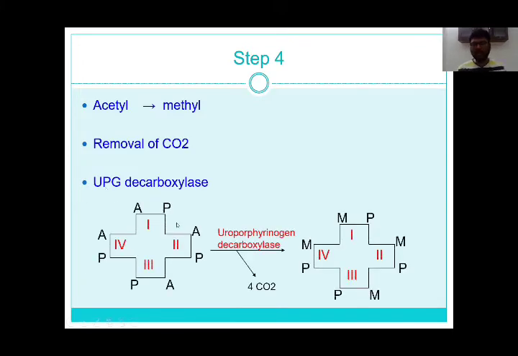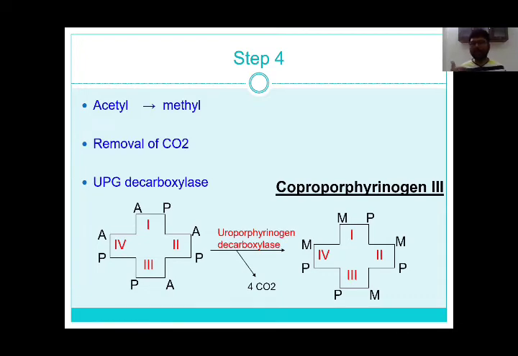All the acetic acid groups will be converted to methyl groups by uroporphyrinogen decarboxylase. Once the acetic acid groups are converted to methyl groups, the resulting structure we call coproporphyrinogen 3. Uroporphyrinogen is converted to coproporphyrinogen.